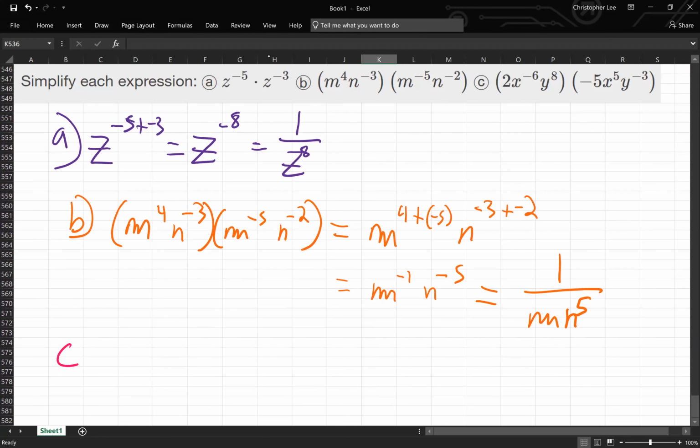Let's look at C. I have 2x to the negative sixth power, y to the 8, and negative 5, x to the fifth, y to the negative third.